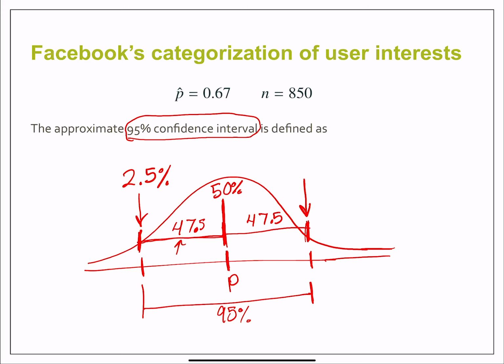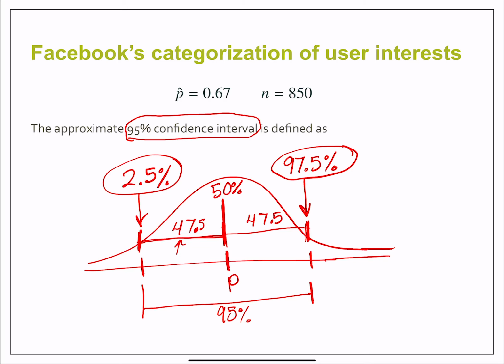And on this side, what's 50 plus 47.5? 97.5%. So these are our values. We want the stuff that's in the middle, between the 2.5% and the 97.5%. That is what a 95% confidence interval means.